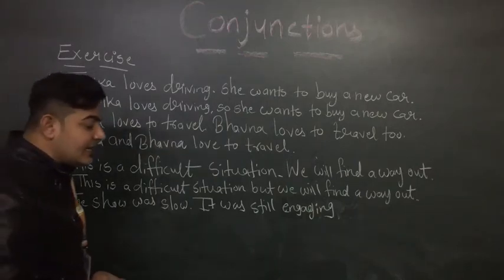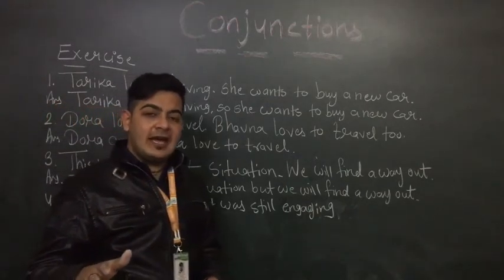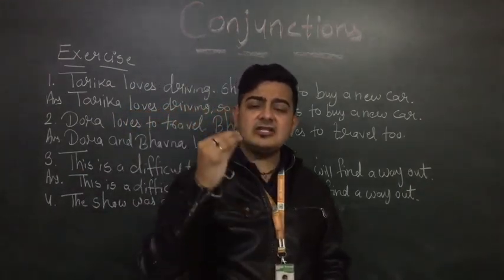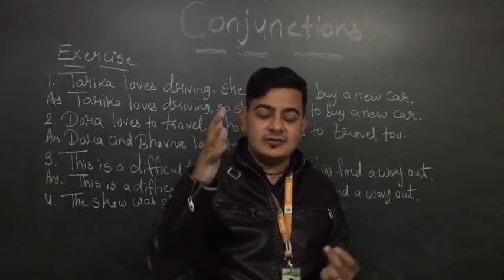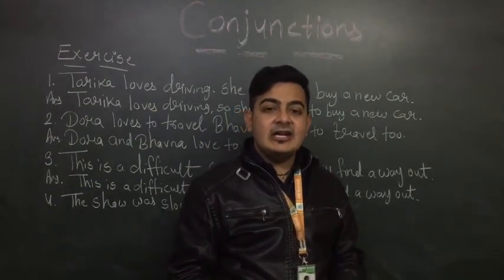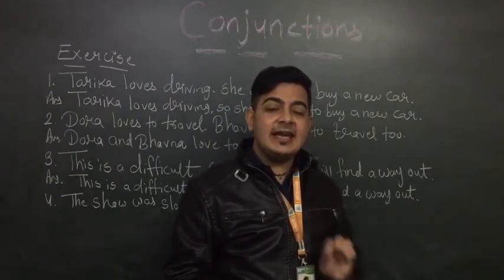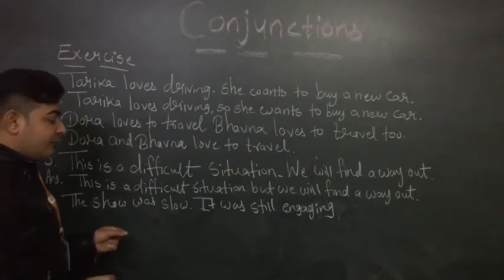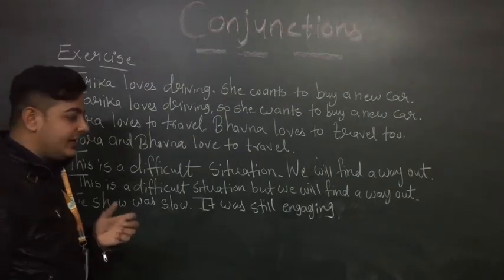Next one. The show was slow. It was still engaging. Show जो है वो as we can say slow है, मतलब ठंडा है, धीमे है, but फिर भी engaging है. ठीक है? So हम इसमें क्या लिखेंगे? It will come yet. फिर भी what I will use? Yet.